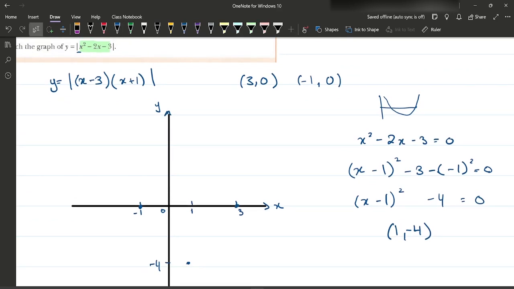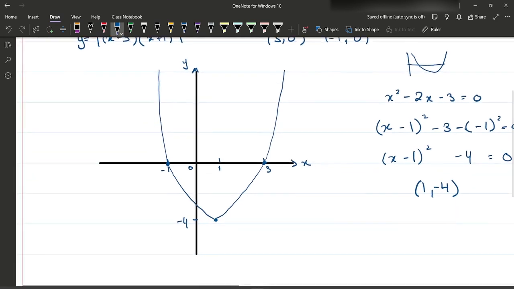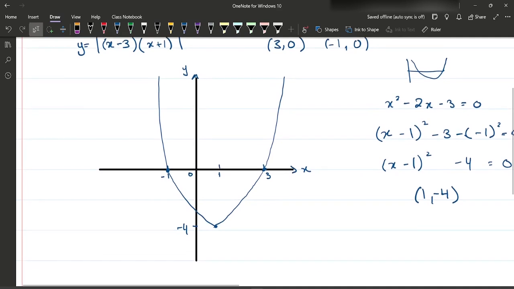I think this is enough for us to graph it. So we know that it's going to be like this, and this goes up, this is kind of like this, and then this goes up. It's not very perfect, but this is how you do it. And then it's the same procedure.